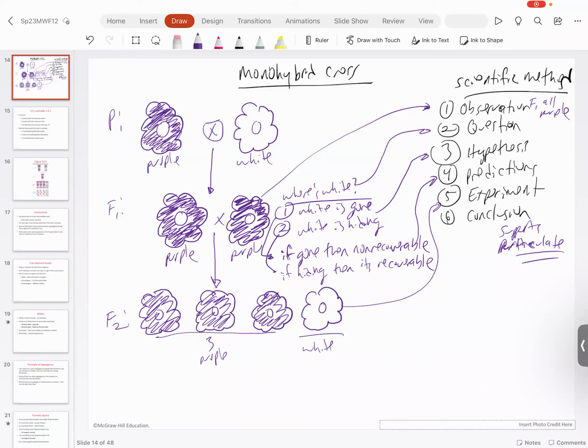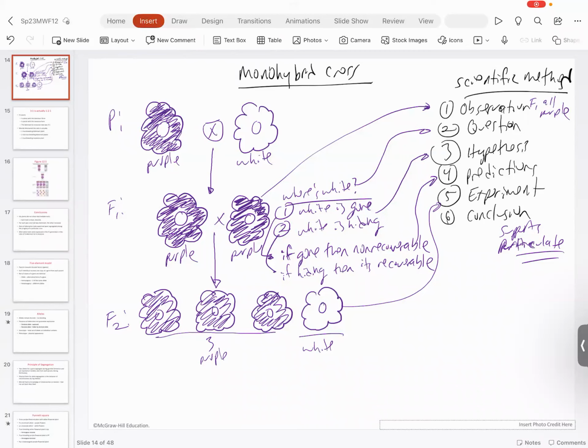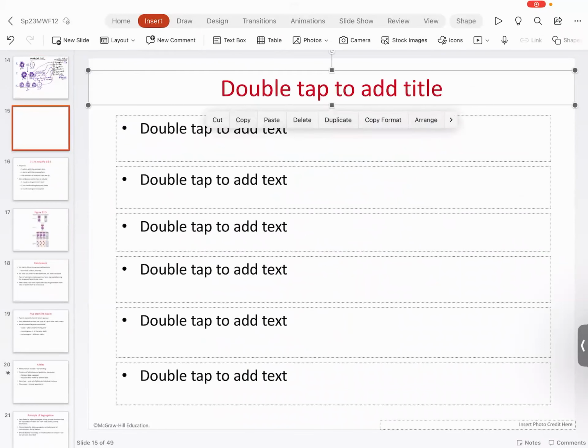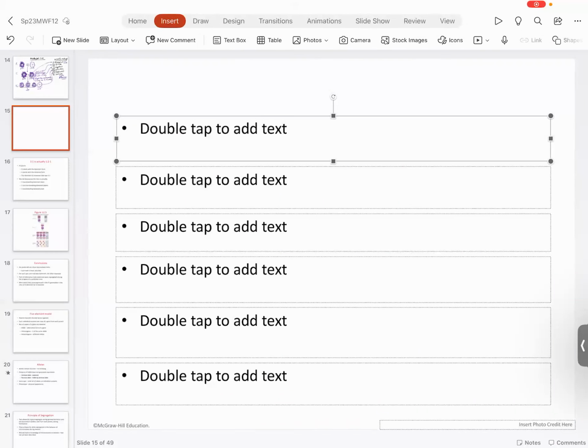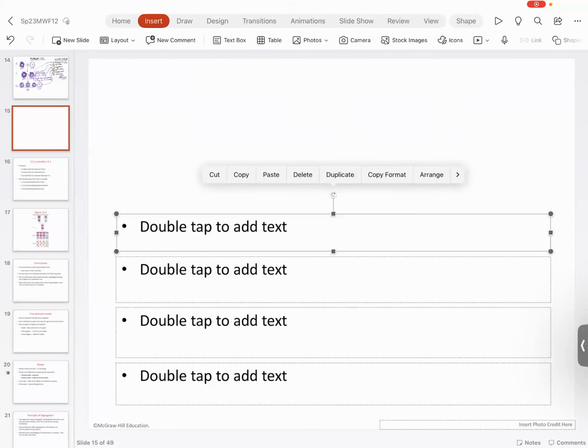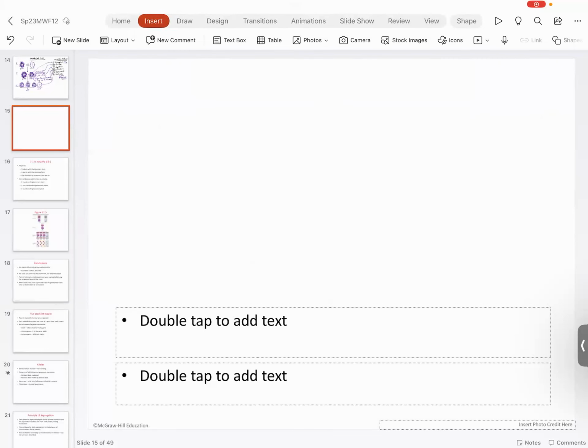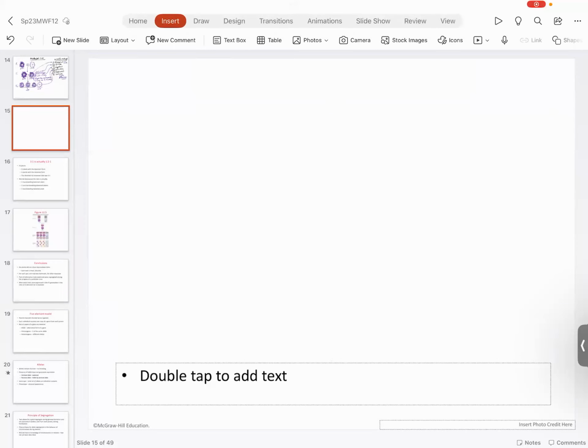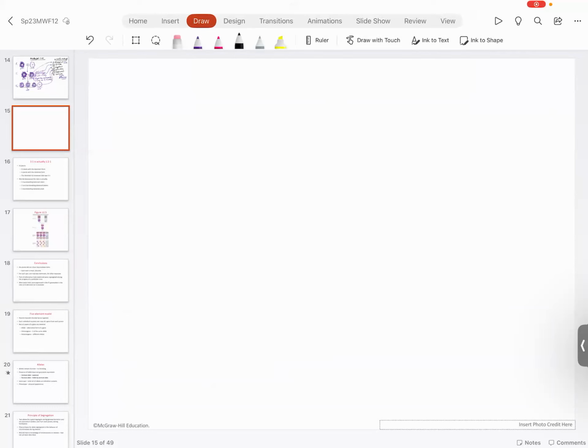First thing we want to do is insert another slide. Because what I want to do is build a glossary of terms we now know because we have the book, but that we didn't have back then. These are things that Mendel had to figure out from his data.